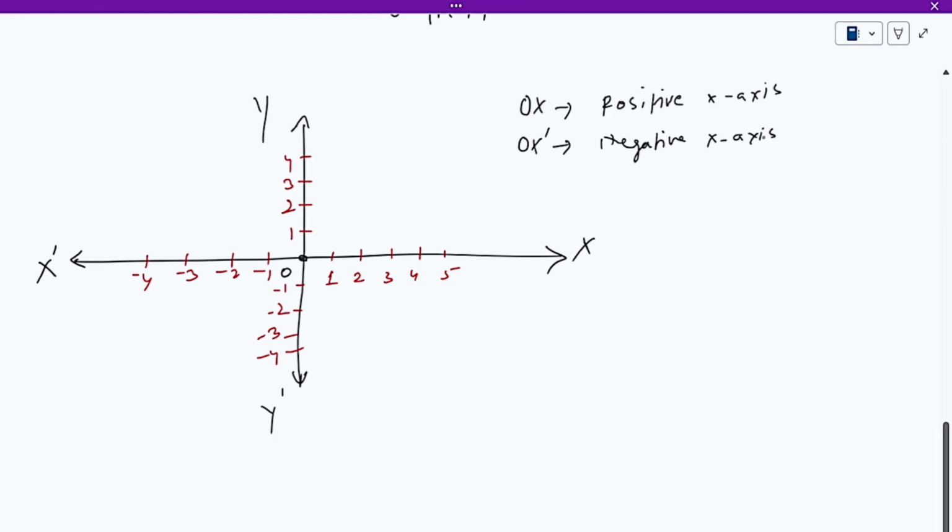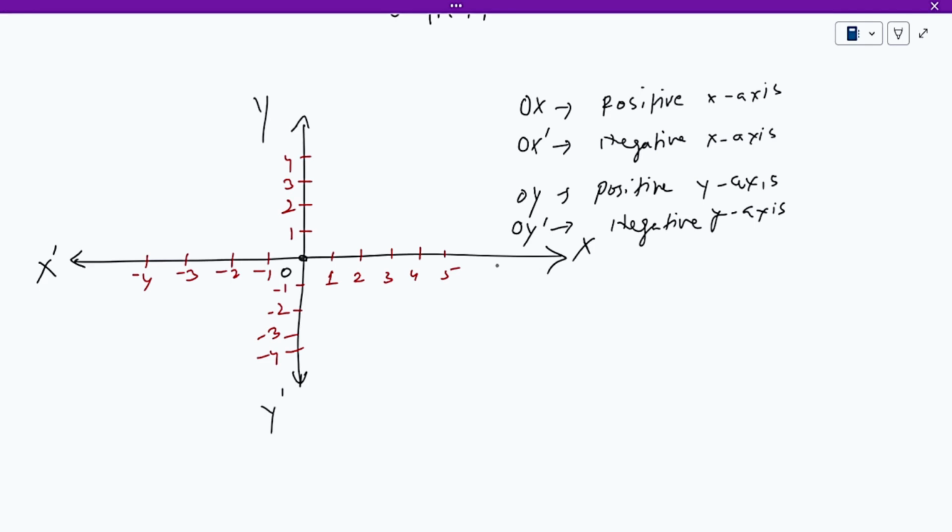And this OY upside is the positive y-axis, and below the origin, OY prime or OY dash, is the negative y-axis. So the x-axis is classified as positive to the right of the origin and negative to the left, and positive above the origin and negative below, right?